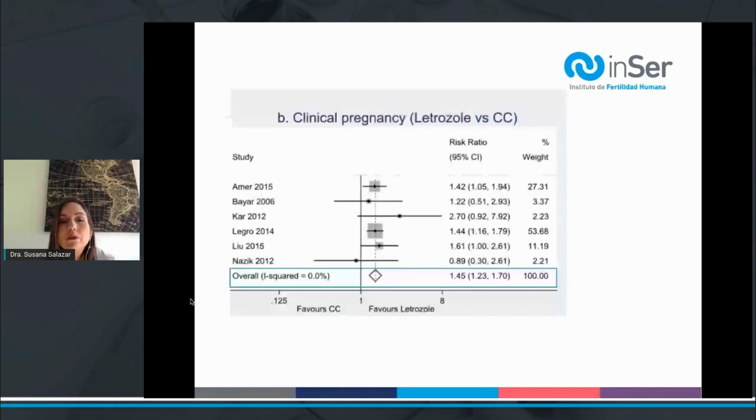The other outcome was clinical pregnancy. Compared with clomiphene alone, letrozole improved clinical pregnancy. It was found in 6 RCTs with 1,284 women, with an RR of 1.45 and confidence interval of 1.23 to 1.70.